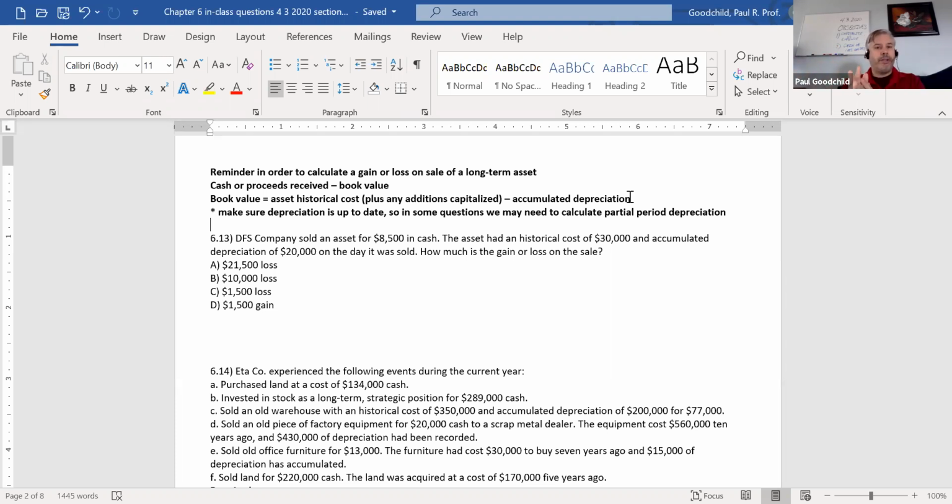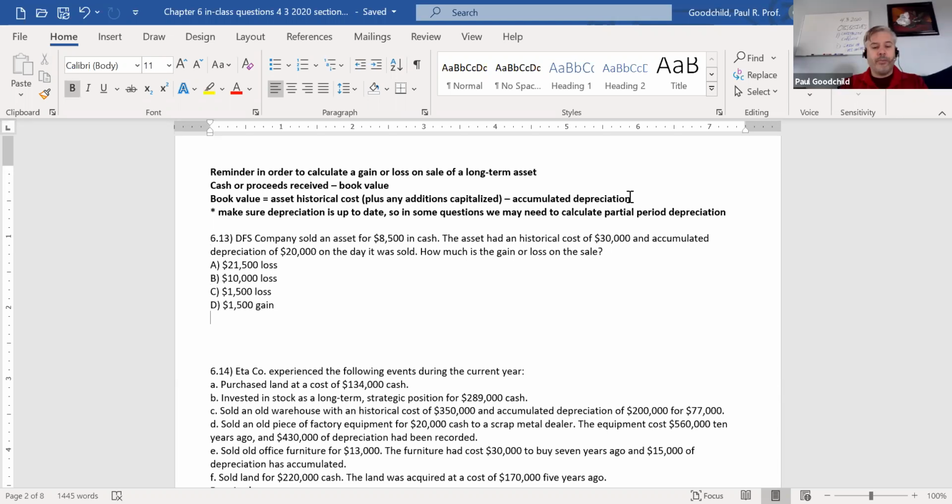But two things can be different. A, you can get a different amount of proceeds at the end of that time because either your estimate was bad or the market changed, or you can sell it before or after. Depreciation-wise, salvage value is all taken into account, so we don't have to worry about the salvage value again. It's in as part of that book value. Okay, thank you. You're welcome.